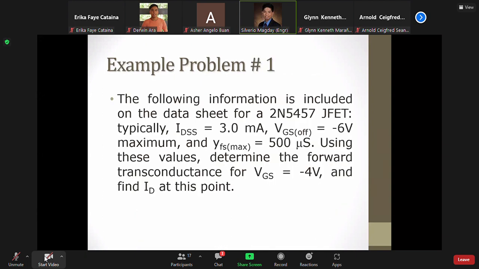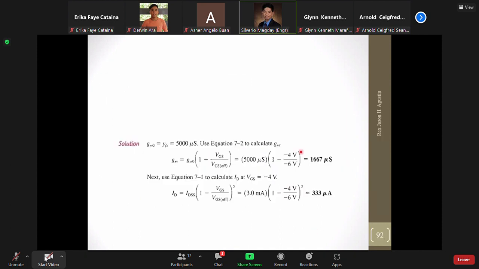And then for your ID, di ba we have Shockley's equation, ID equals IDSS times (1 minus your VGS over VGS off) raised now to 2. And given naman lahat, so we can simply solve na yung transconductance and then your ID.